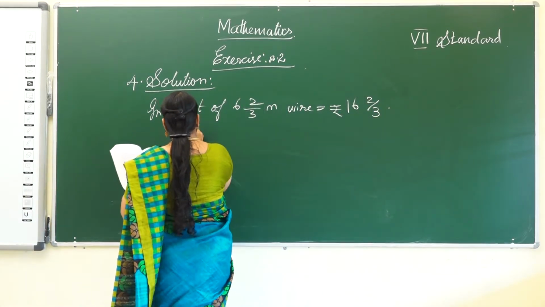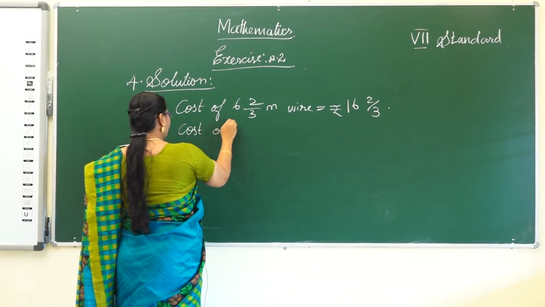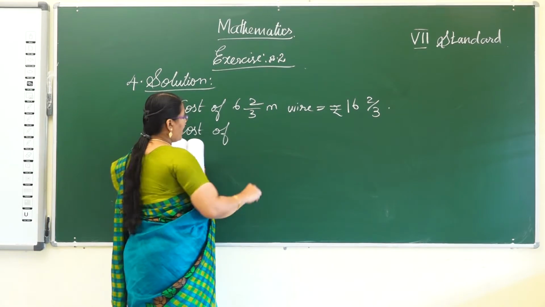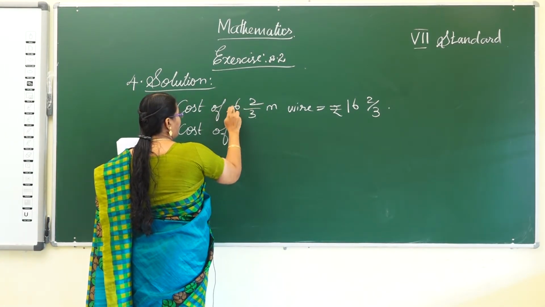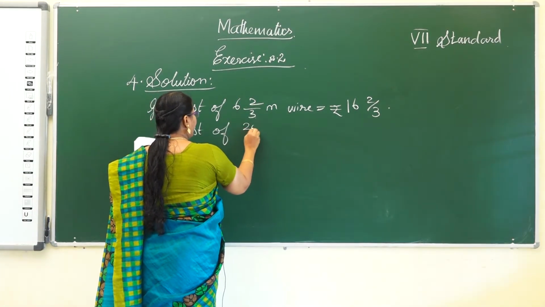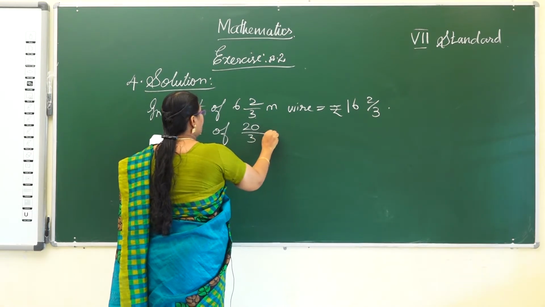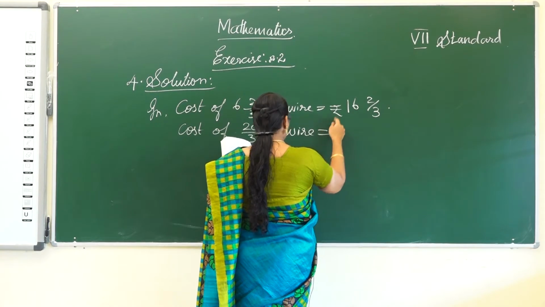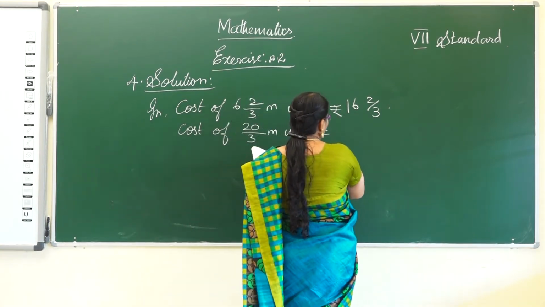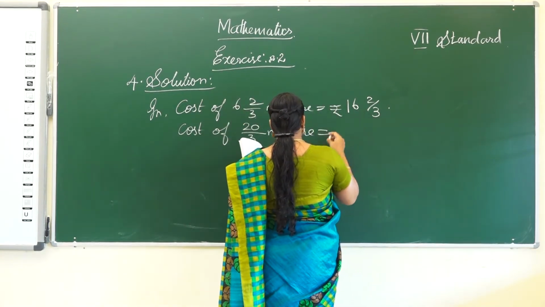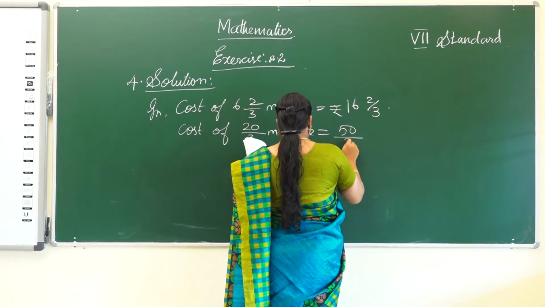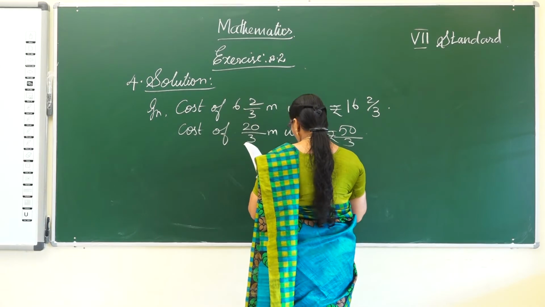Okay, so mixed fraction change to the improper fraction. 3 6s are 18 plus 2, 20, so 20/3 meter wire. Here also change to the mixed fraction. 16 3s are 48, 48 plus 2, 50, so 50/3 rupees.